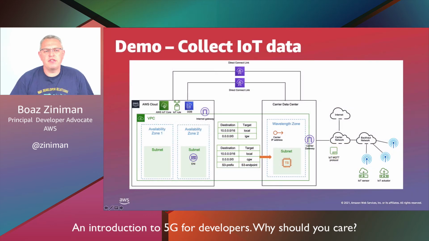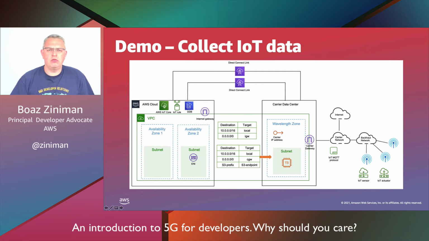Our demo will do something similar. Our demo will basically create an application to collect IoT data from devices on a 5G network. I already created the left part, the local part inside the AWS region: the VPC with all the availability zones and the subnets inside it, with the routing tables connecting the wavelength zone. And we are going to build the wavelength zone and the application.